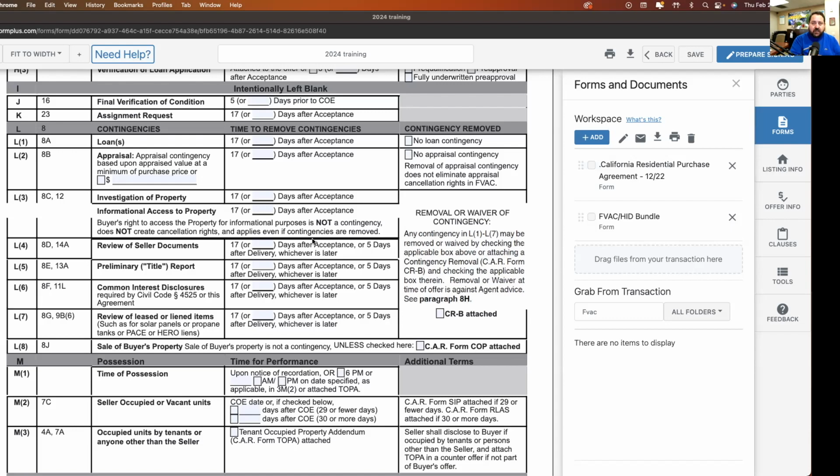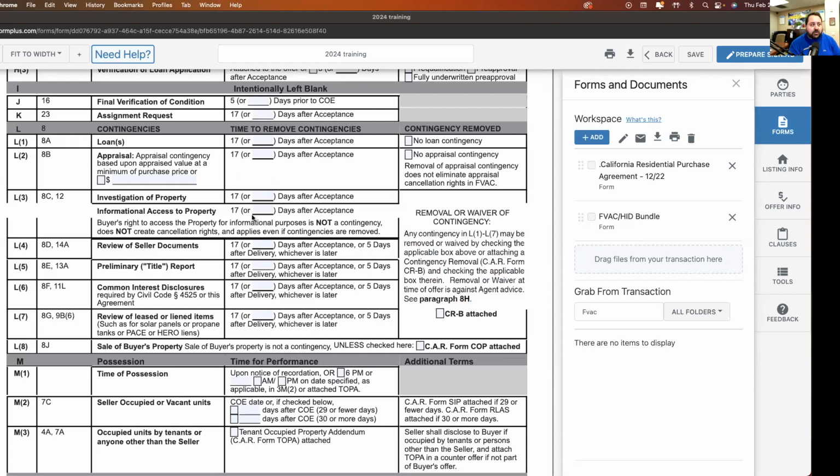If I get one of those offers that said, we're removing our inspection contingency and we're removing our appraisal contingency and here's this and we're all cash, all that stuff. If you don't counter their informational access for them to go in, they still have the right, and you cannot stop them for 17 days from entering the property, even if they've removed all their contingencies already, right?